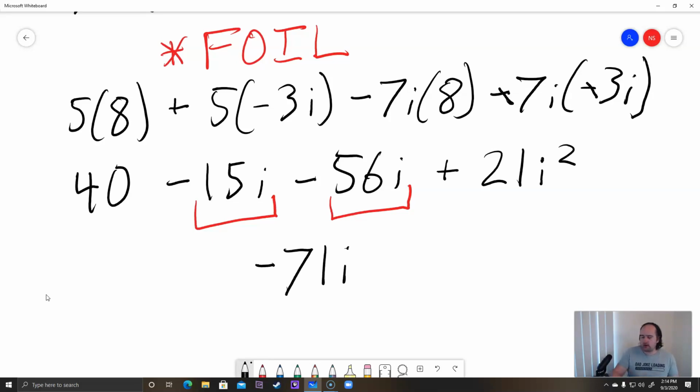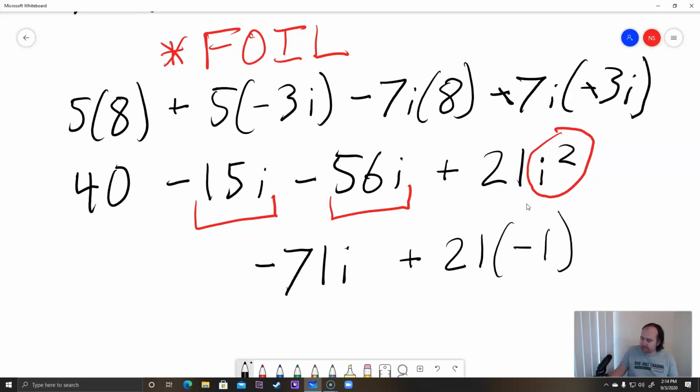Okay, and then for our last term, remember that i squared here is always replaced with negative 1. So the last term is actually going to be plus 21 times negative 1. So far we have 40 minus 71i plus 21 times negative 1.